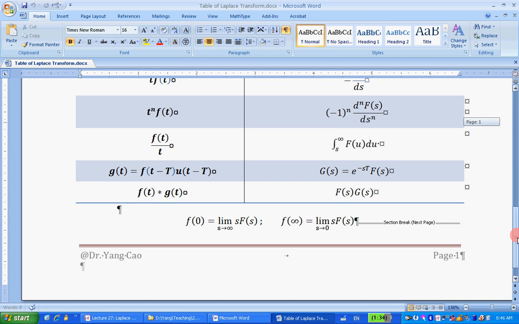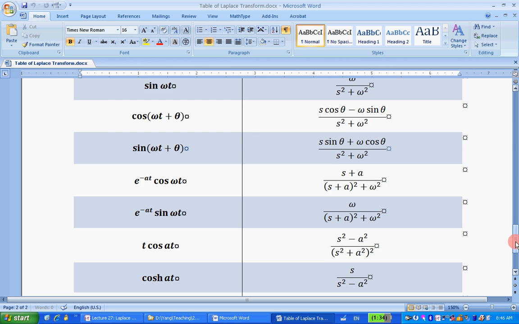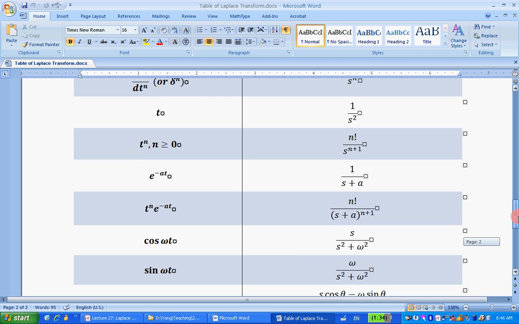That's on the second page. See, there's one here. This is 1 over s plus a, and the corresponding time function is e to the power of negative at. I'll show you where this is from. But how to use the table: if you're given e to the power of negative at, then you should know that the corresponding Laplace transform is 1 over s plus a.